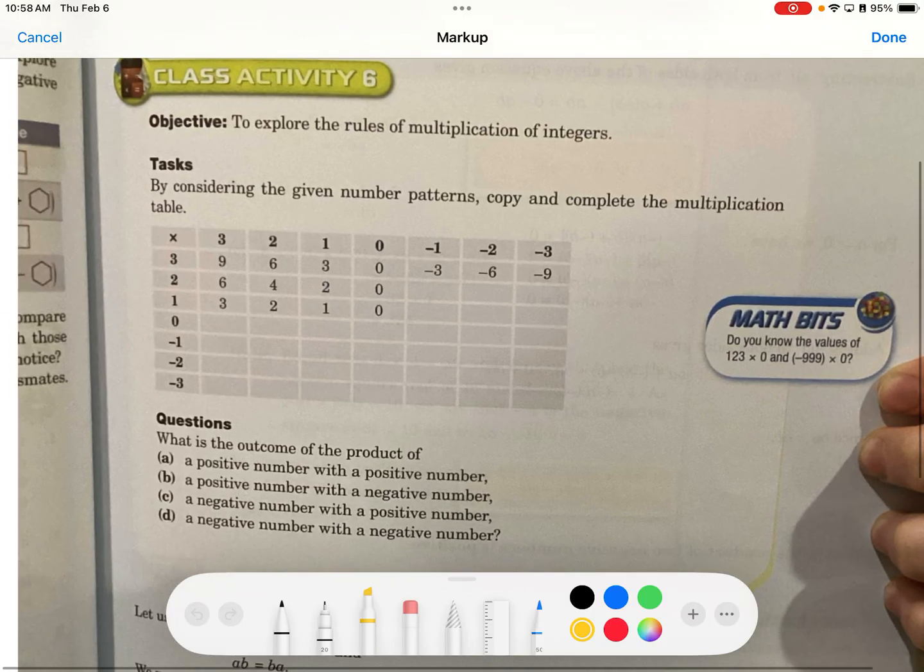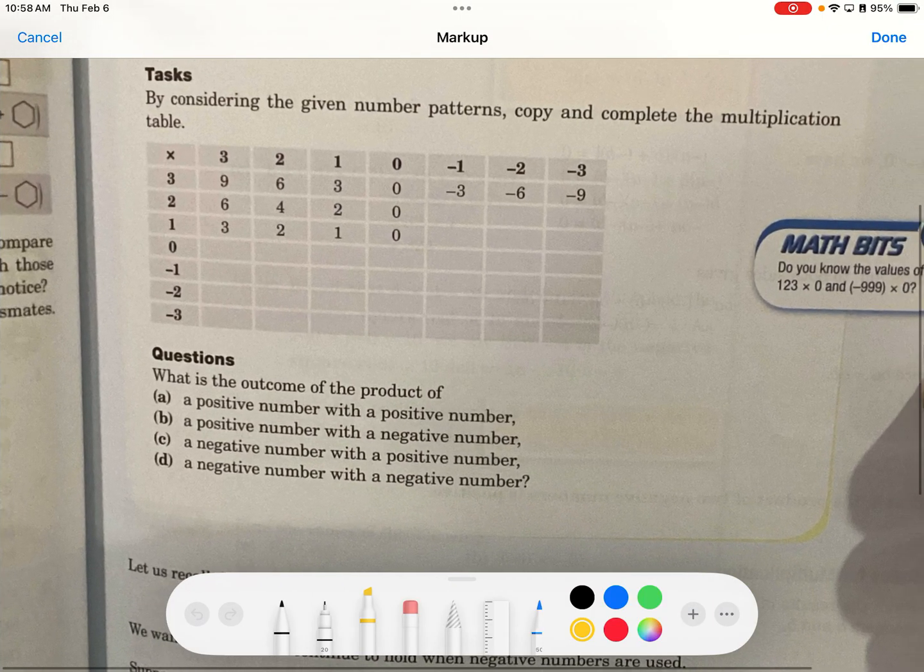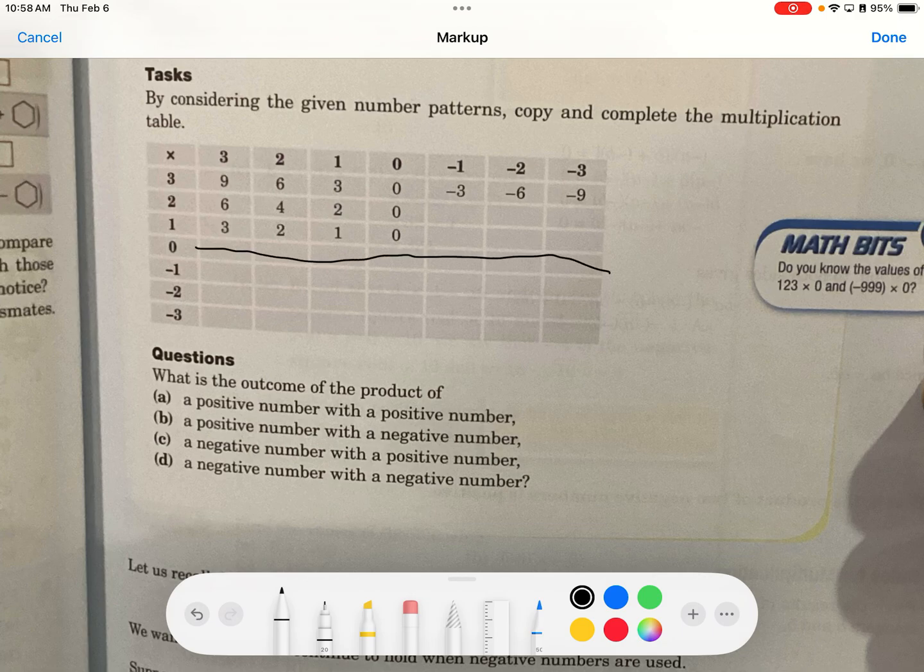All right. Class activity. Let's see if we can get any good stuff from here. By considering the given number patterns, copy and complete the multiplication table. So 0 times 3, we know that's a waste of our time. That's just all going to be zeros, and same as this, so we're not doing those. If we have negative 1 times 2, it's negative 2.